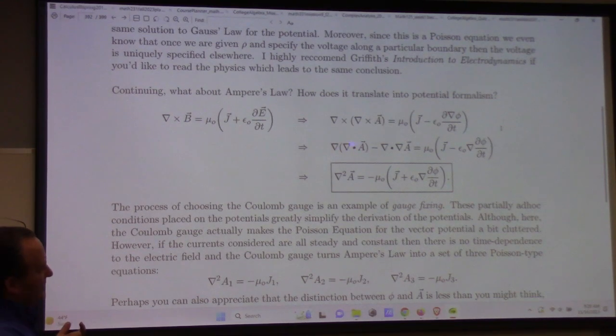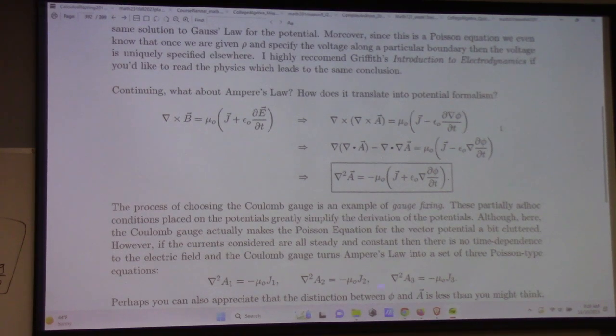And so if the divergence of A is 0, all right, then this just becomes the Laplacian on A equals this business over here. And that's essentially a Poisson equation again, but there are 3 of them, one for each component of the vector potential.